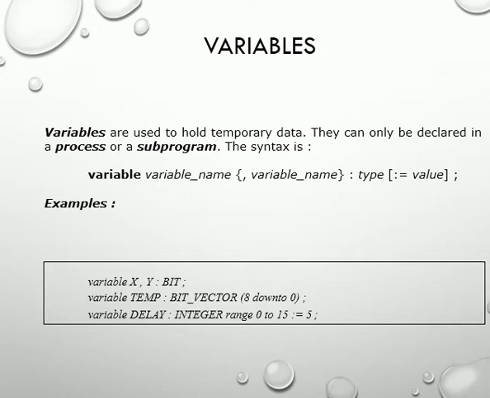They can only be declared in a process or a subprogram. We cannot declare them otherwise. We have to declare them in a process only, as these values are going to change.